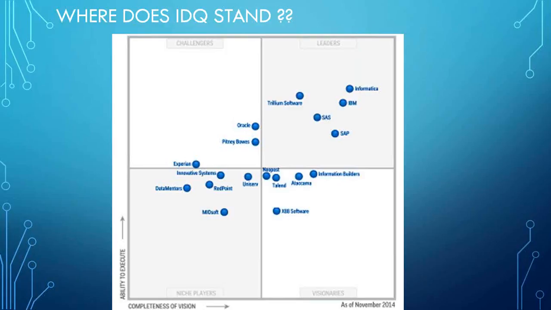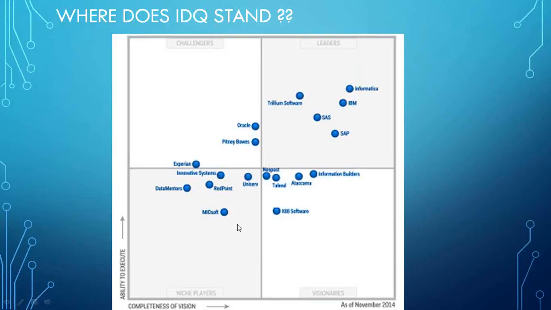The first quadrant is the leaders, the second is the challengers, the third is the niche players, and the fourth is the visionaries. Leaders are the ones leading the space, with tools that have good capabilities. Challengers are trying to build a robust tool and trying to enter into the leaders.